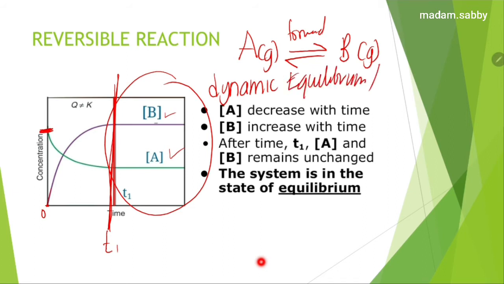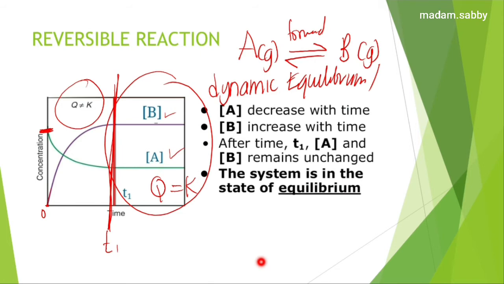Before T1, Q, the reaction quotient, is not equal to K, the equilibrium constant. But after T1, Q now equals K and the system has established a dynamic equilibrium.